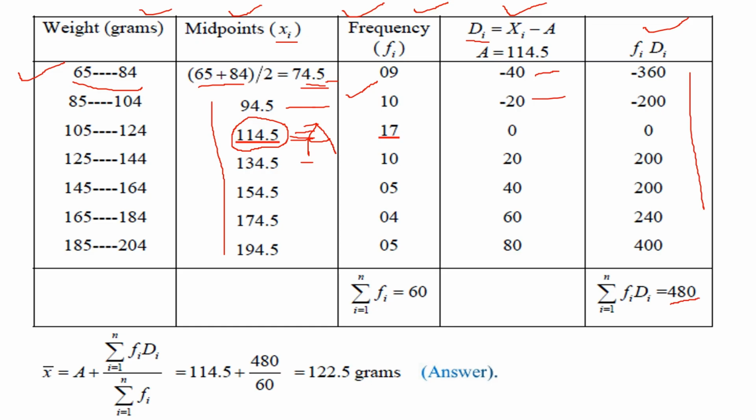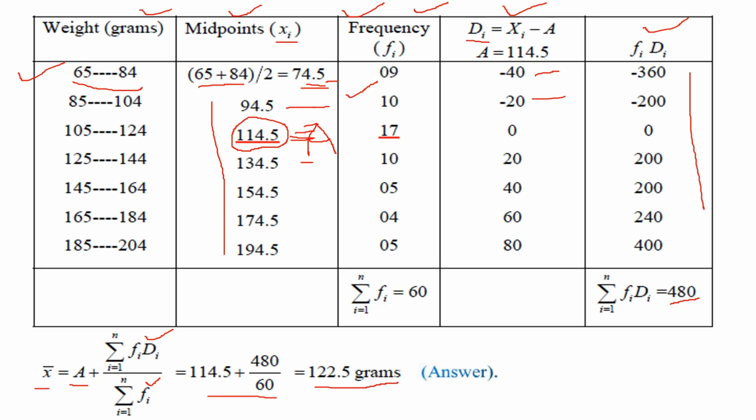So the new formula becomes mean equals A plus summation fi di divided by summation fi. Putting in the values, we get the same value as previously, 122.5.